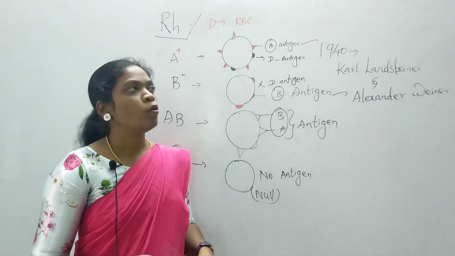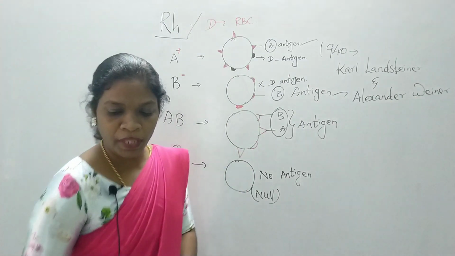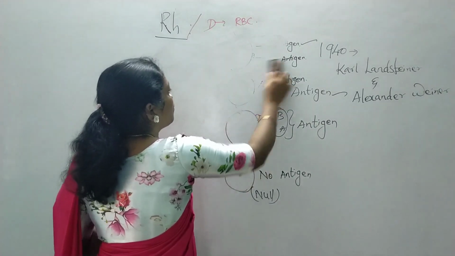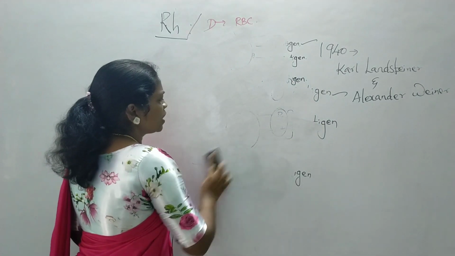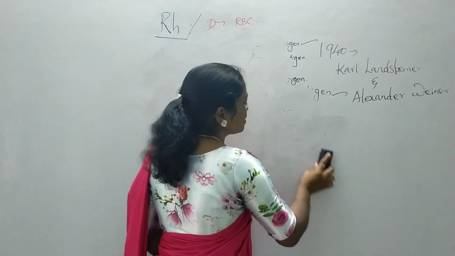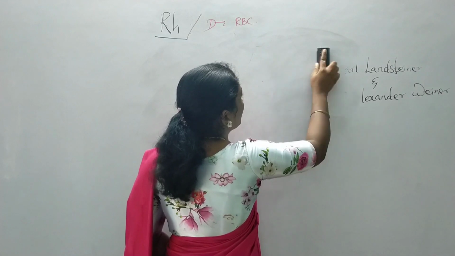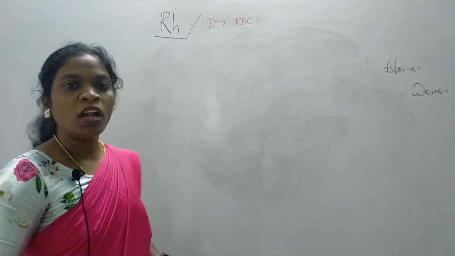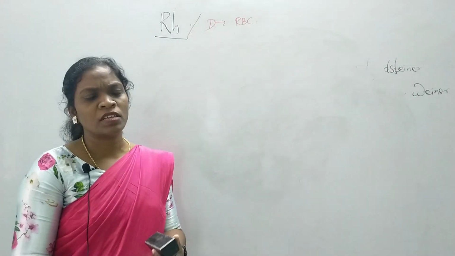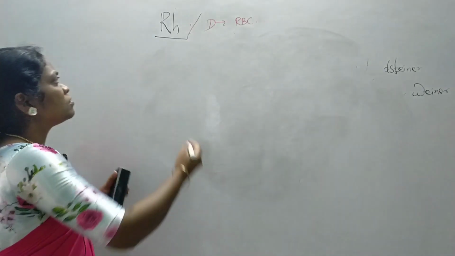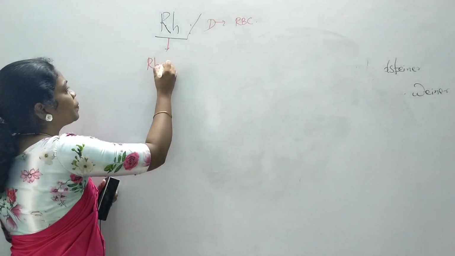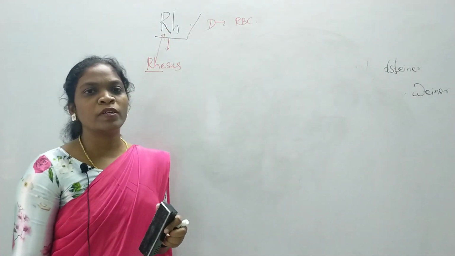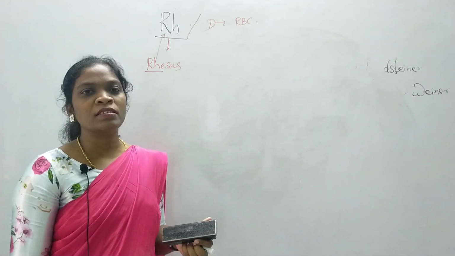We'll go into detail on why this blood group was named RH. Why is it known as RH? If you take biology or any field of science, the naming is based on a specific characteristic feature. The naming of any process or definition is always based on some important features. In the same way, this RH blood group is named after a monkey, rhesus. RH denotes the name of a monkey which was used in this experiment to identify the presence of D antigen.